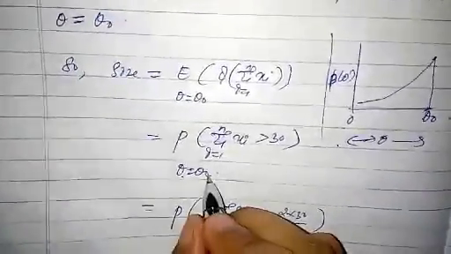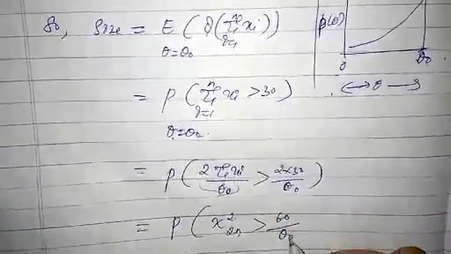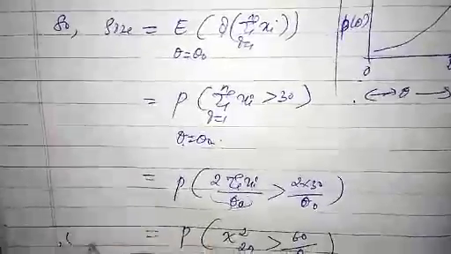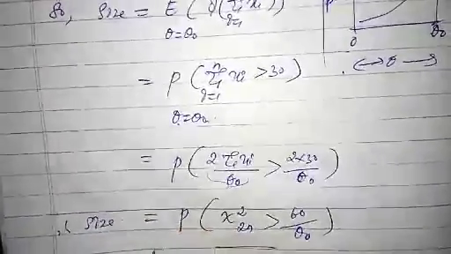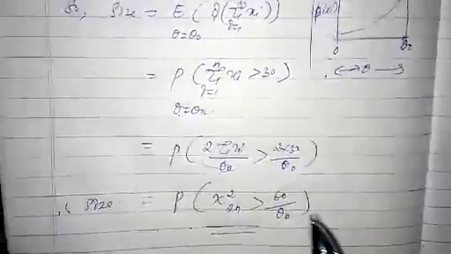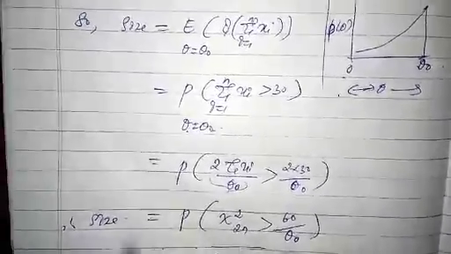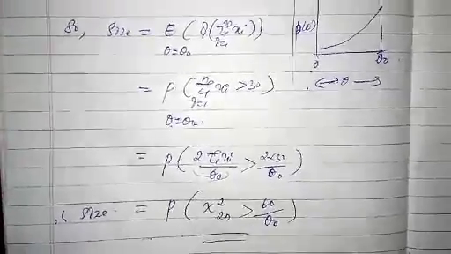Here theta equal to theta naught, so we can write theta naught. Therefore, the size of this test is probability of chi square with 2n degrees of freedom greater than 60 divided by theta naught. This is the size of this test.